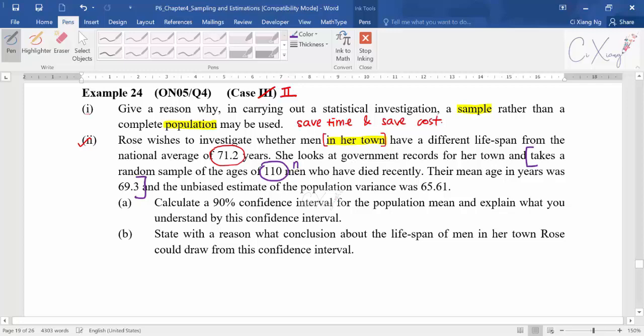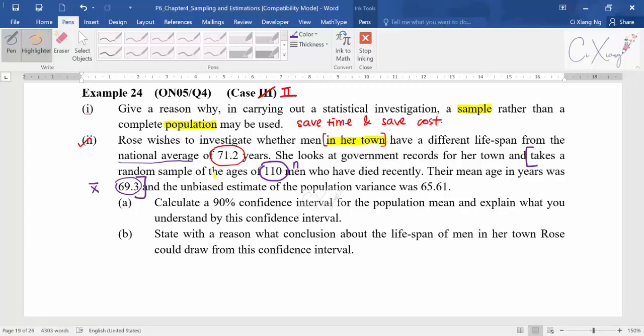They are talking about this sample, so this one means the sample mean. 71.2 is not, because 71.2 is the national average, which can be the population already. So you need to really understand all the numbers here, because sometimes they might give you some extra numbers to confuse you. So I'm having n here, and this is my sample mean.